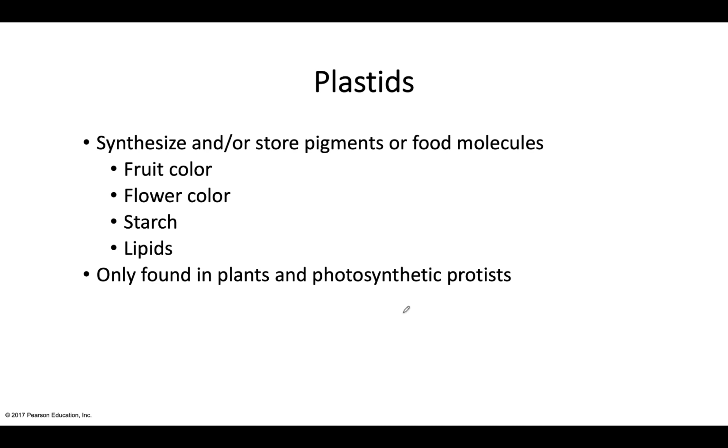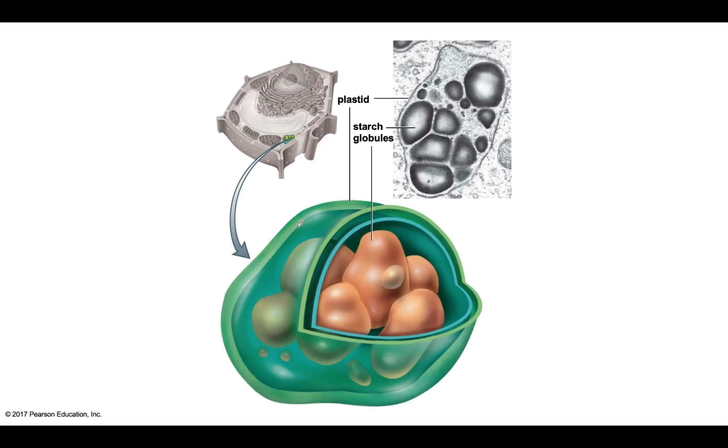But plants also show different colors in fruit and flowers, and those pigments are located in plastids. Only plants and photosynthetic protists hold plastids, and chloroplast is one kind of plastid. Here is a plastid, and a starch molecule can be stored in a plastid.